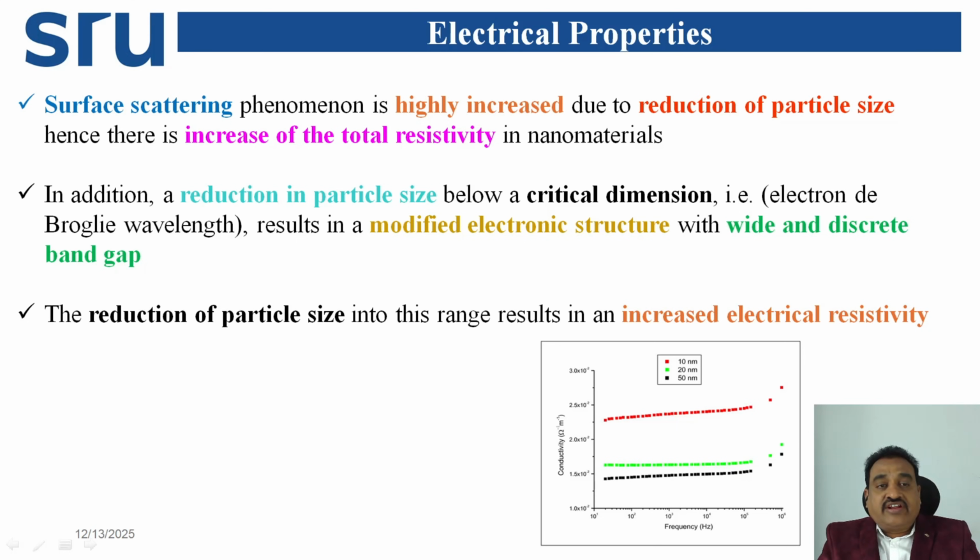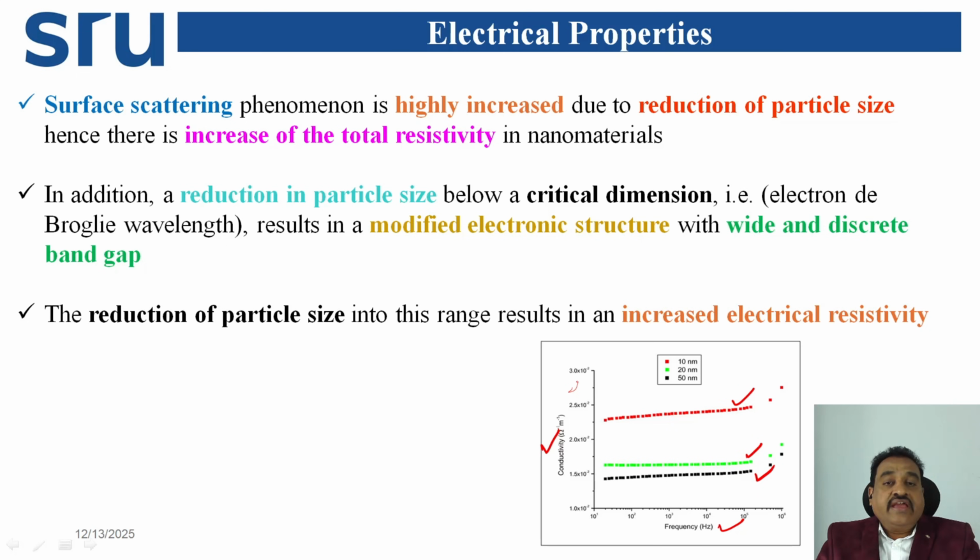Coming to electrical properties, the surface scattering phenomenon is highly increased due to the reduction of particle size. Hence, there is an increase of the total resistivity in nanomaterials. You can also observe in this graph frequency versus conductivity for 10 nanometers, this is 20 nanometers, this is 50 nanometers.